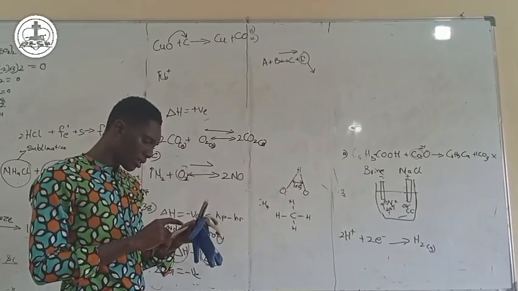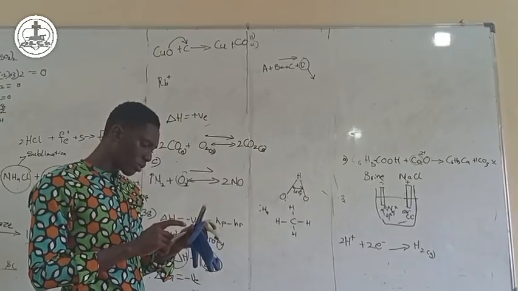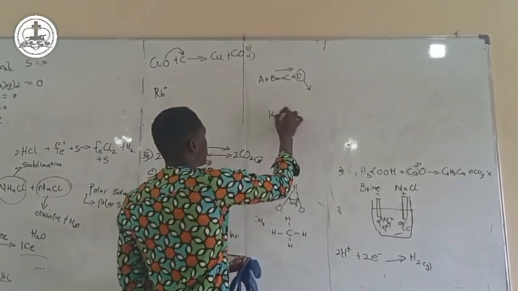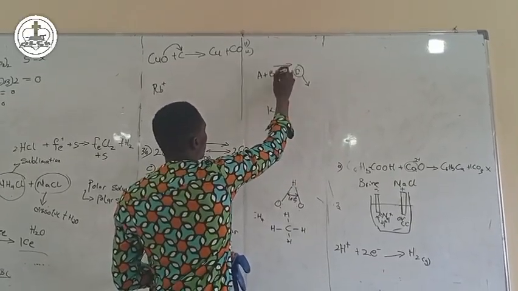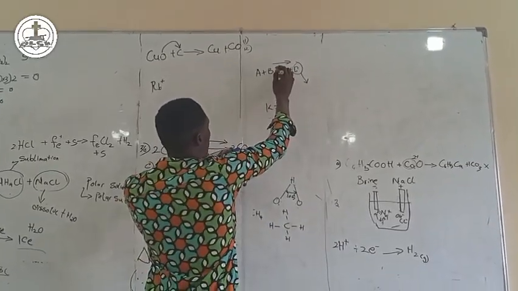The answer is C, which says the two equilibrium constants are identical, given by this formula. Let me take this as my equation.